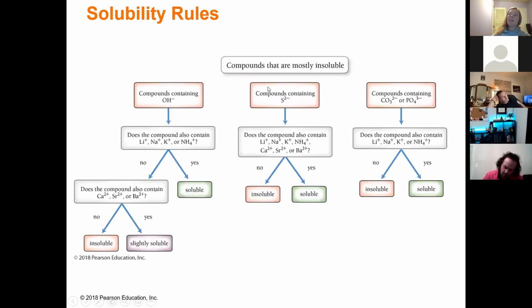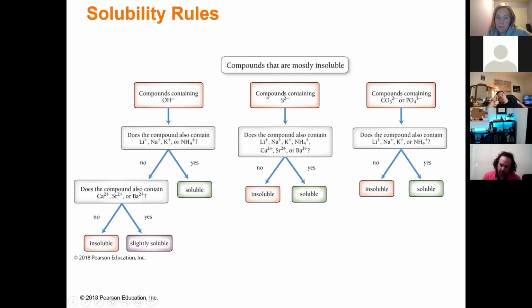These things are mostly insoluble. So OH, or hydroxide, usually is insoluble unless it's combined with lithium, potassium, sodium, or ammonium. In that case, it tends to be soluble.